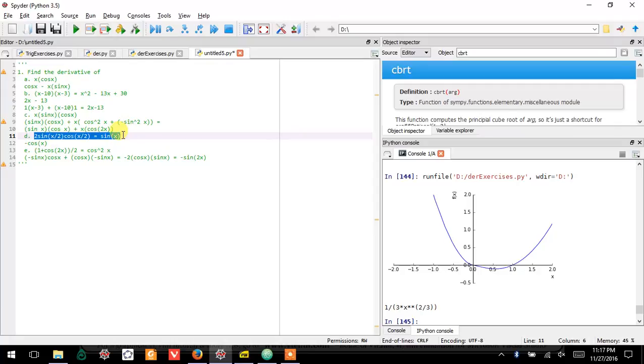So these two really are equal. Sine x is equal to this. And since I'm asking for the derivative, it's a lot easier to just find the derivative of sine x. Obviously, it's regular cosine, not negative.